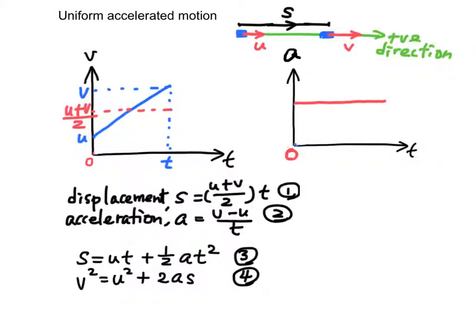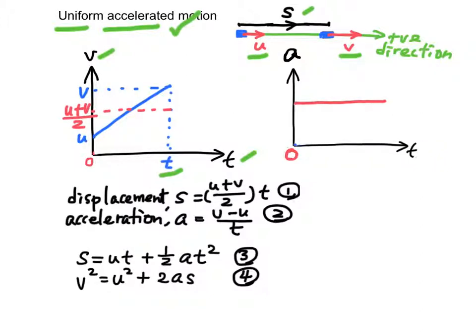Consider a body moving with uniform acceleration in a straight line. Take u, v to be its initial and final velocity during the time interval t, and s be the displacement during this time interval. The VT graph will be a straight line because it is moving with uniform acceleration.